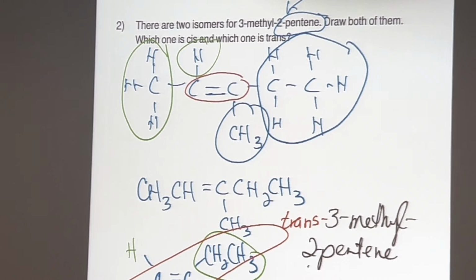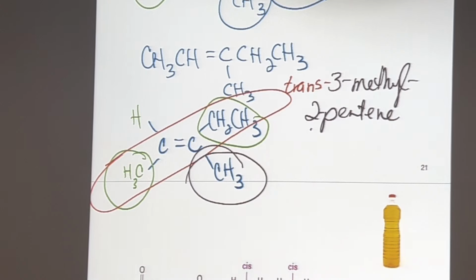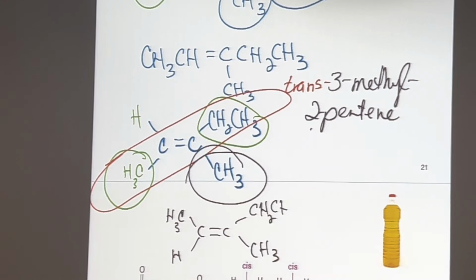All right, now how do I get to the cis? I would flip one side, and since I have the pen, I'm choosing the left side. And I'm leaving the right side alone, because if I flipped both things, I would just be back to trans.